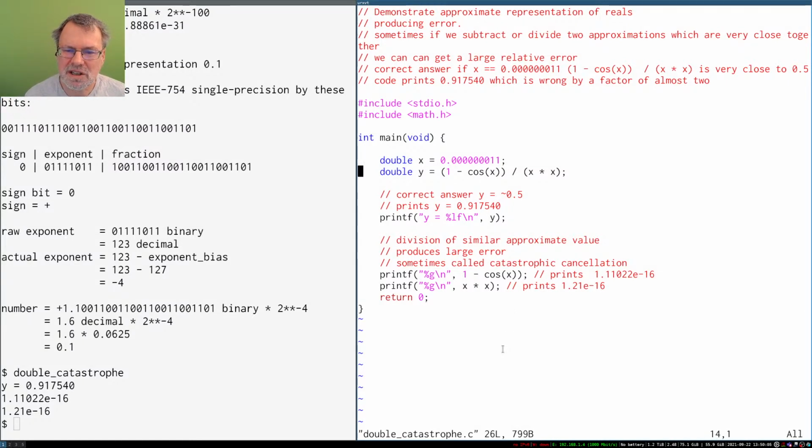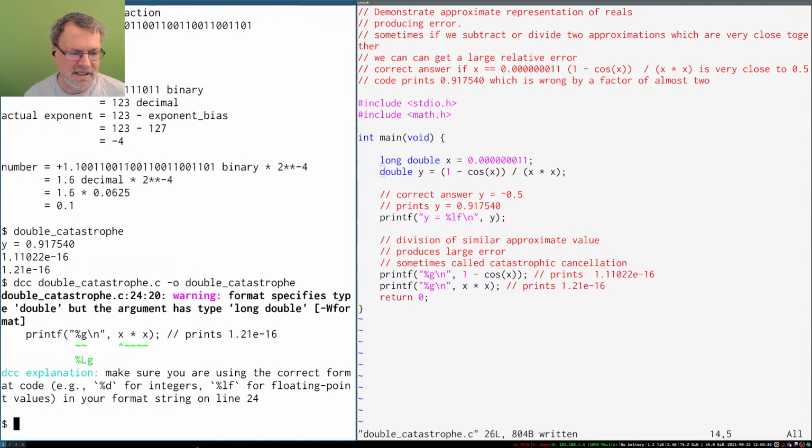I'll see if it's an interesting one. I don't know if going to long double would get me out of this. Let's see, does that get me out of this? Or does it still give me the same answer? Sometimes just throwing more bits at it is enough. Oh, all right.